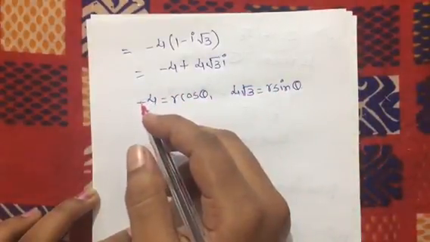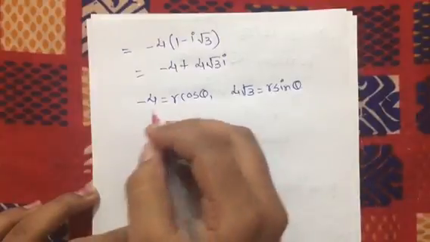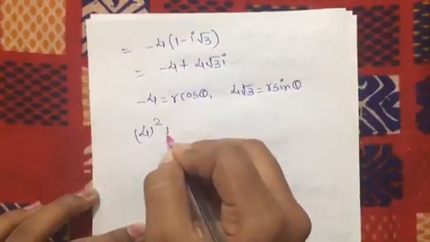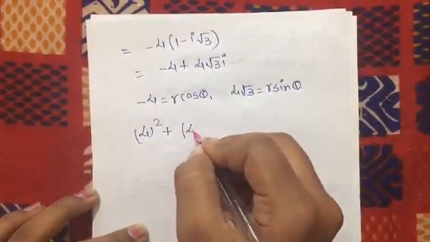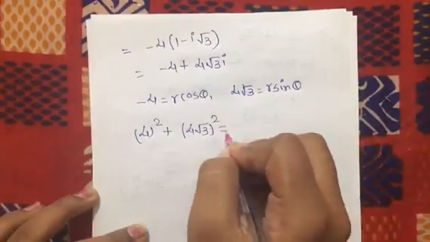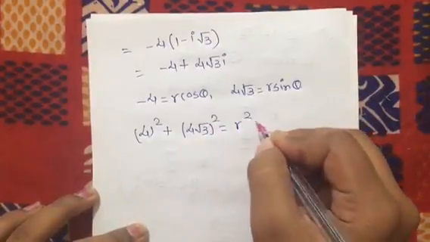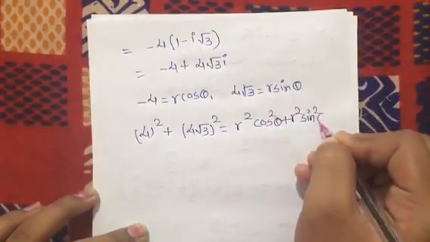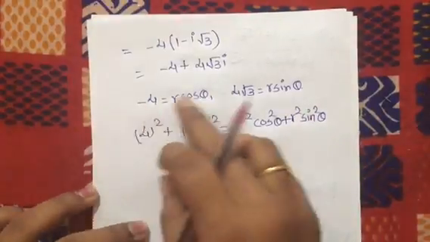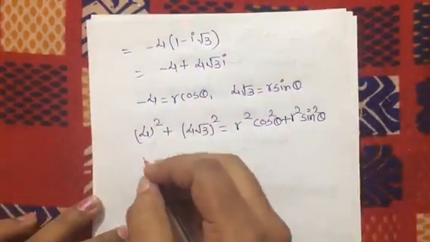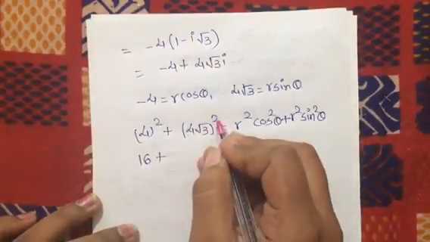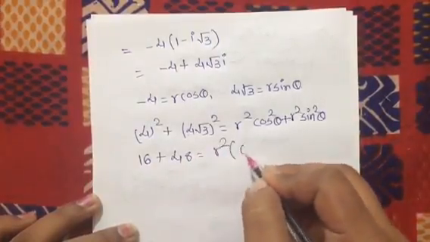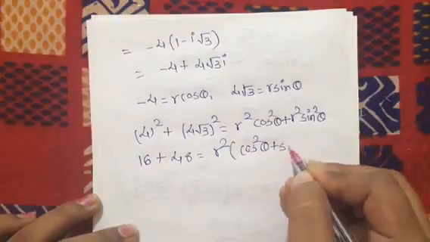Now squaring on both sides, मतलब यहाँ पे 4 का स्क्वायर हो जाएगा plus 4 root 3 whole square is equal to r square cos square theta plus r square sin square theta. What we are doing, दोनों का स्क्वायर कर रहे हैं हम और फिर उसको ऐड कर रहे हैं. 4 square is 16 plus 4 square is 16 into 3, that is 16 3s are 48 is equal to r square common. So this is cos square theta plus sin square theta.